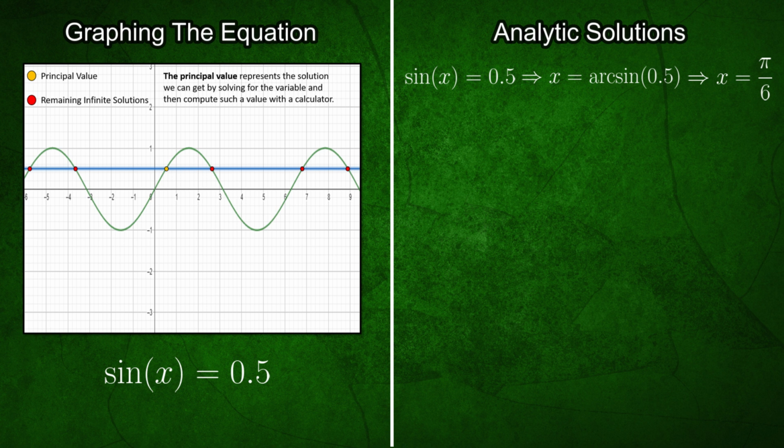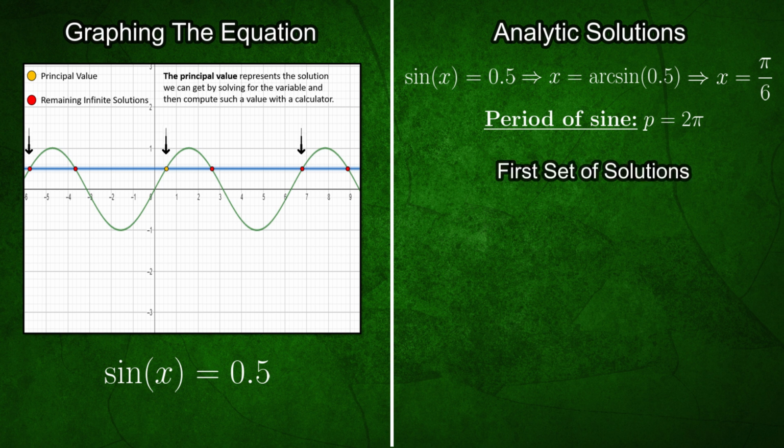Now, as sine is a periodic function, we know that its period is 2 pi. Therefore, all of the values repeat themselves every 2 pi. Thus, the points of intersection that we can get from the first solution and the periodicity can be gotten by the equation x equals pi over 6 plus 2k pi, where k is an integer.